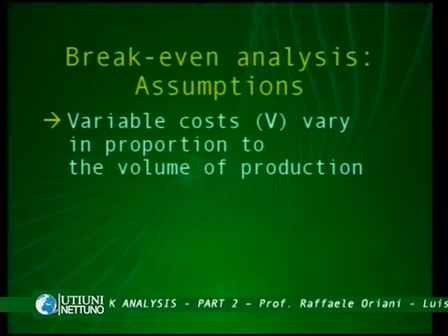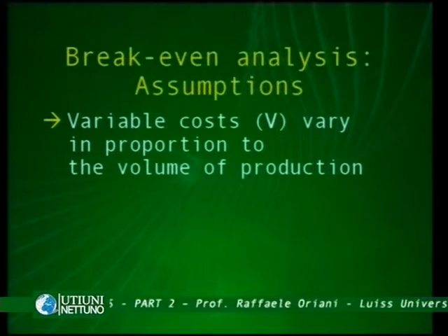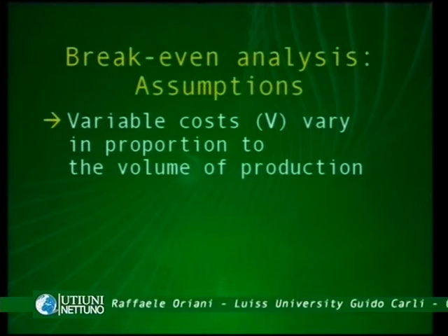Then variable costs vary in proportion to the volume of production. Again, this is by definition. Clearly, if the cost is variable, this means that there is some kind of relationship between the volume of sales and the cost measure. For example, I could know that for each dollar of revenues, I have a variable cost of 60 cents.